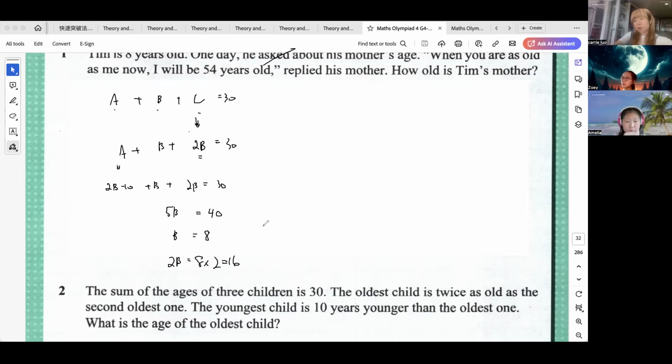Correct? Zoe and Amelia, are you using the same way? It's different. Mine was a bit different. I did algebra, but it was a different way of algebra, I guess. Okay, but still, the method is almost the same, right? How do you think it's different?